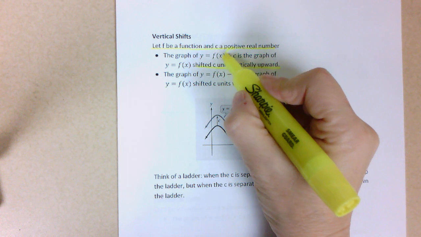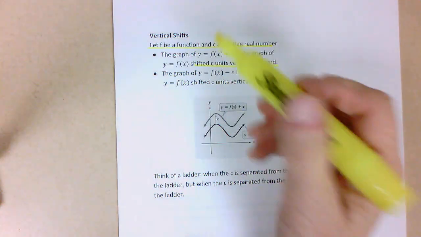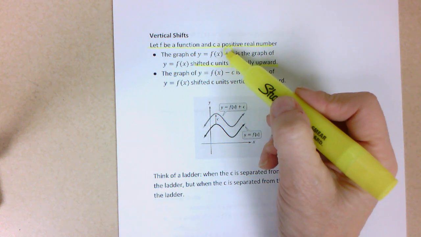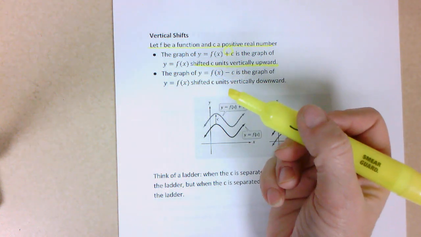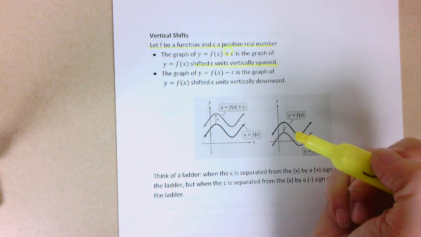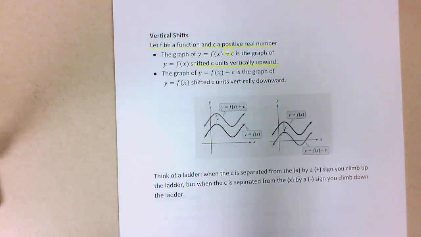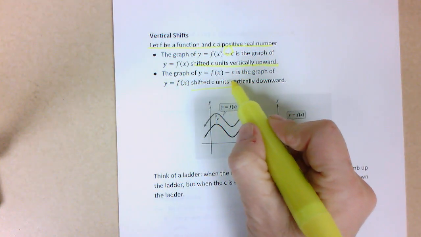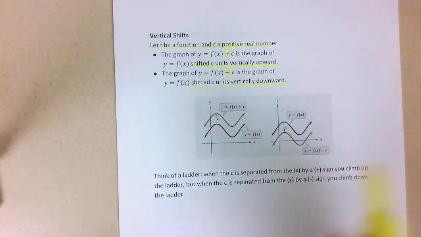So when the constant is separated from f of x by a plus sign, you vertically shift upward, okay? Then the graph y equals f of x minus c is the graph of y equals f of x shifted c units vertically downward. So if it's separated by a negative sign, you go down, okay?